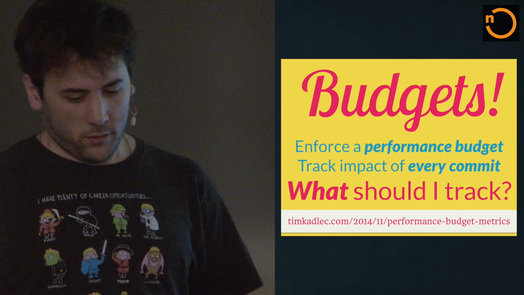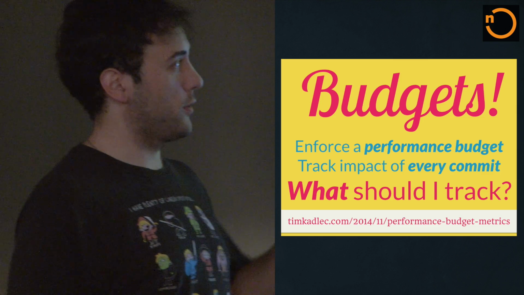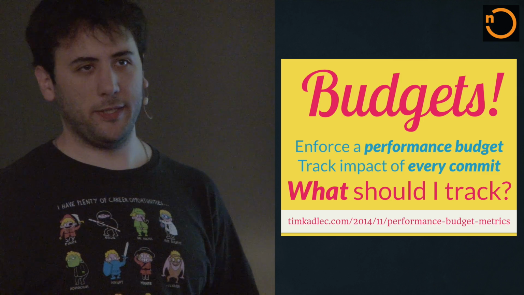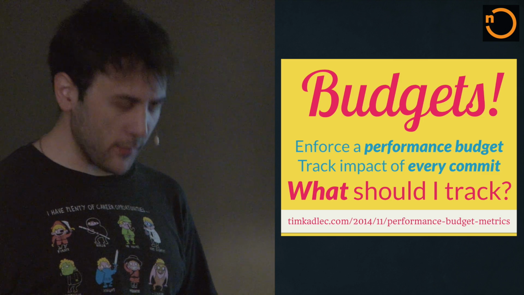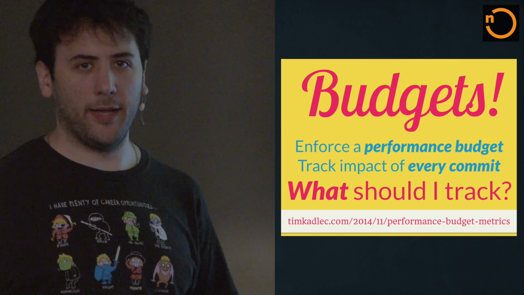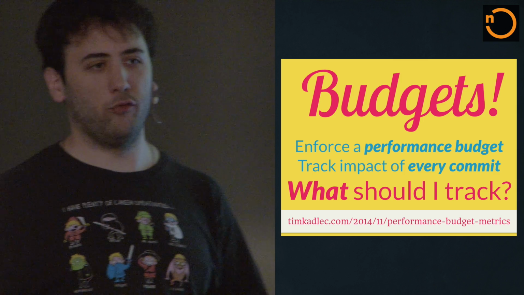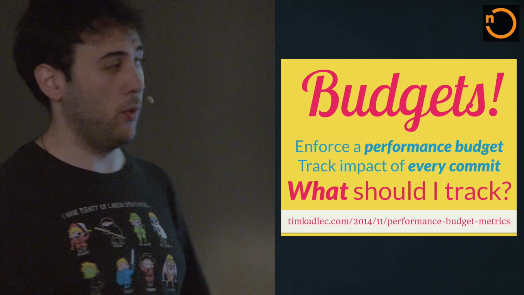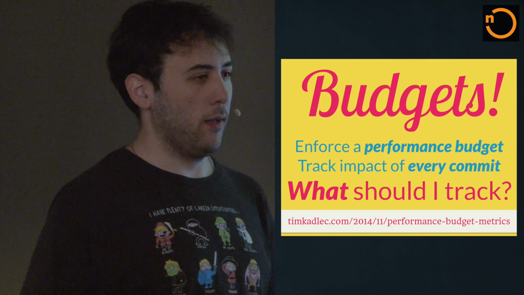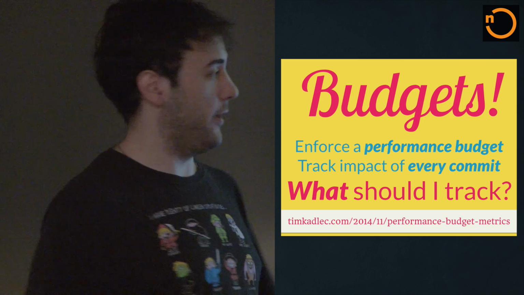So there's a couple of ways you can determine what's called a performance budget. That's basically saying, OK, the page must take 2 seconds or less to load, or we must make less than 100 requests to serve a web page, or we must ping at most 20 analytics trackers, or stuff like that.